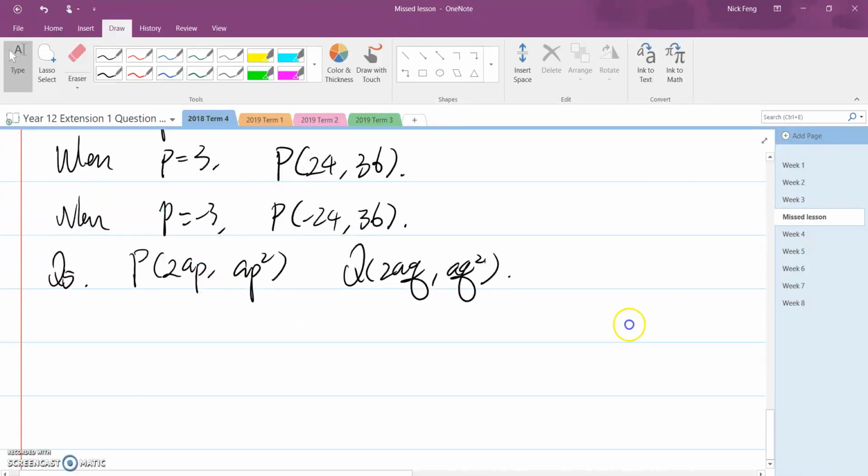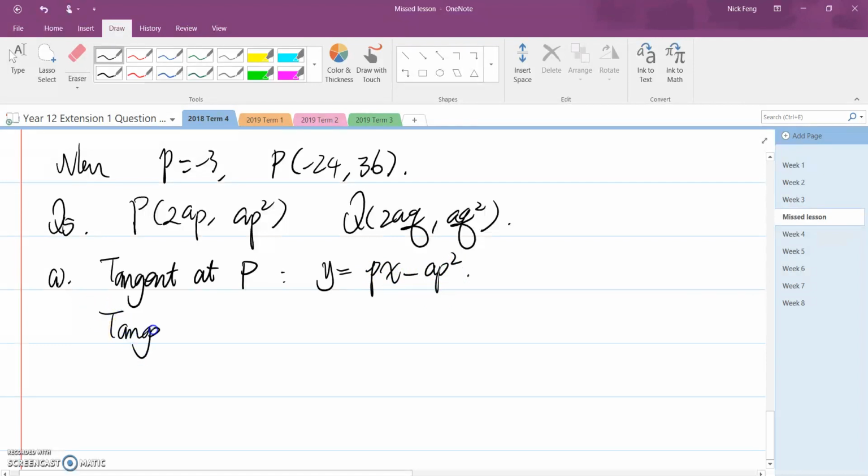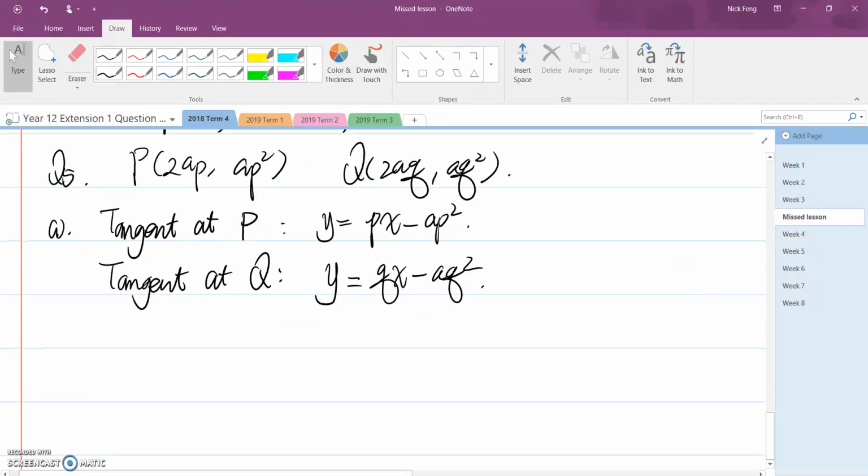So, if you have your formula sheets ready, or if you remember that, the tangent at P is y equals px minus ap squared. I don't have a formula sheet, but I do remember them. Tangent at Q is y equals qx minus aq squared. Now, to find the intersection of the two tangents, we need to solve them simultaneously.